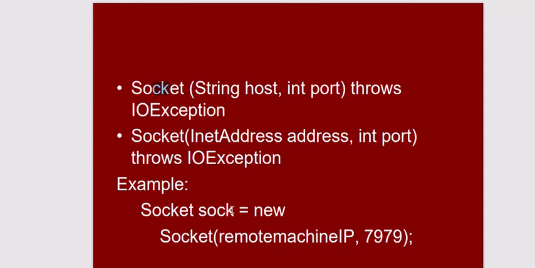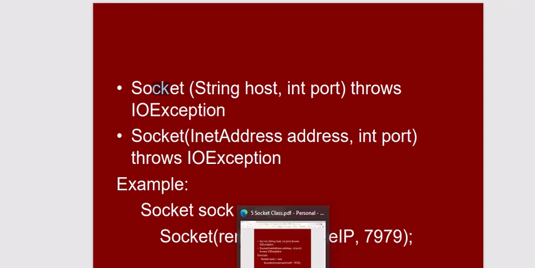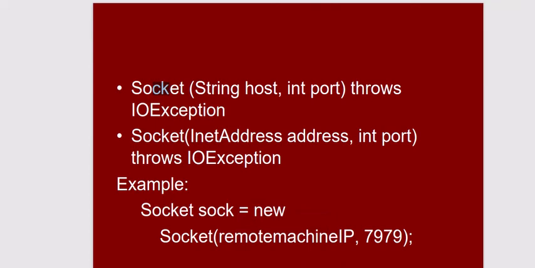So I'm going to create an actual socket, and I write it's a new instance of this class, and I've plugged in the two parameters, for example port number 7979 and a particular remote machine IP address. So that's all quite straightforward in my mind, but you can get back to me if it's not fairly clear. Anyway, let's just move on a little bit.